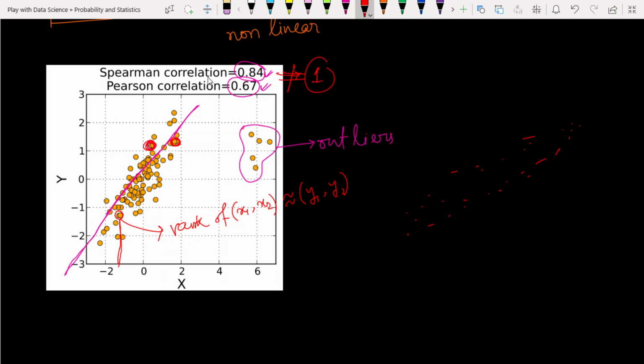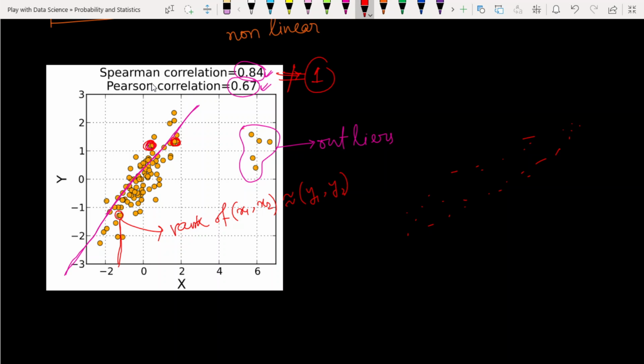Just see the value of the Spearman correlation and the Pearson correlation. From the Spearman correlation value, we can be more sure that our data is well separated from our outlier, but we cannot be sure from this.